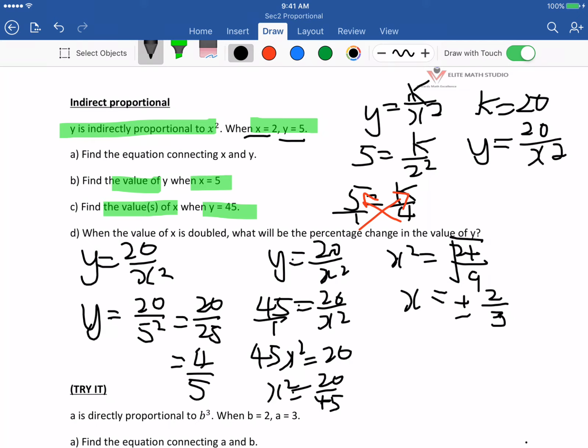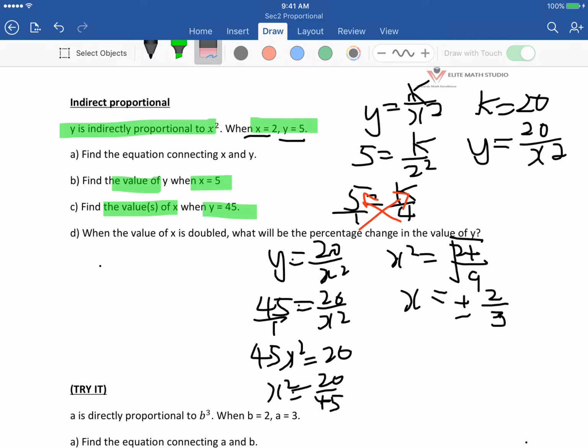The next one, I need to erase some to make space. Next one, the question says that when x is doubled, find the percentage change in y. So same thing. We know that when x equals 2, y equals 5. x is doubled, so my x becomes what? 4 now.